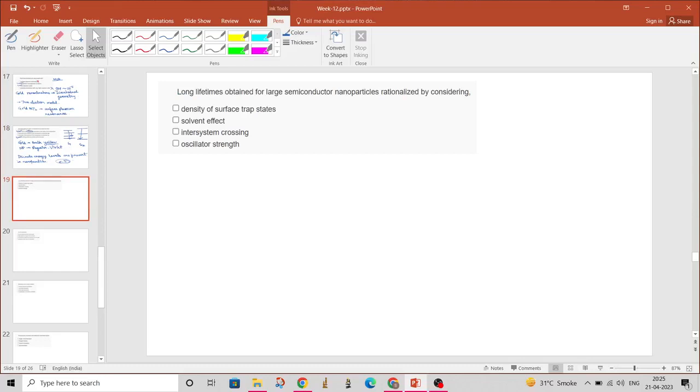Now the next question is, long lifetime obtained for large semiconductor nanoparticles is rationalized by considering density of surface traps, solvent effect, intersystem crossing, and oscillator strength.